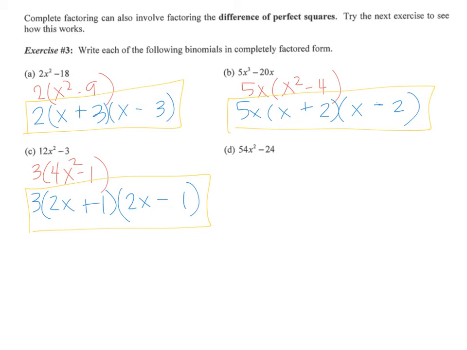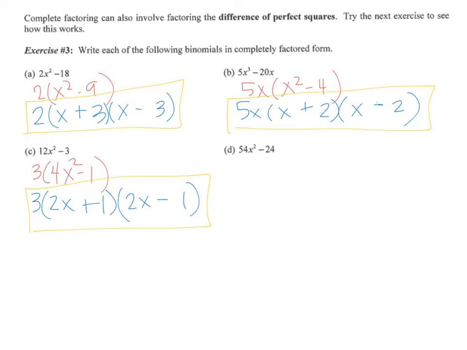This next one, we can take something large out of both of those. So we have to find the greatest common factor between 54 and 24. Well, I know that 54 divided by 9 works, but 24 can't be divided by 9.